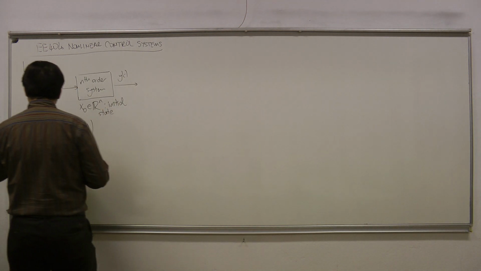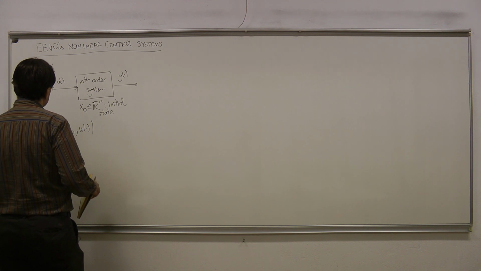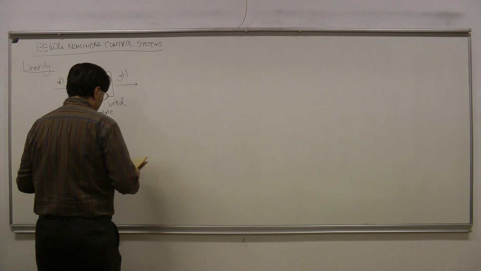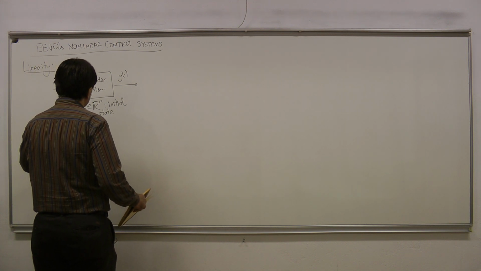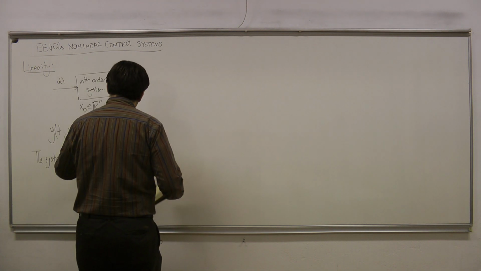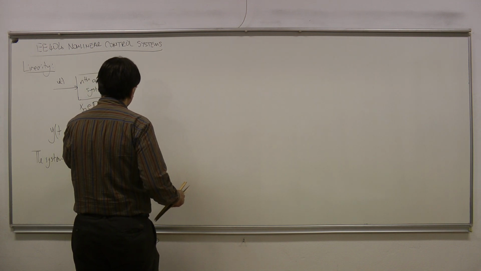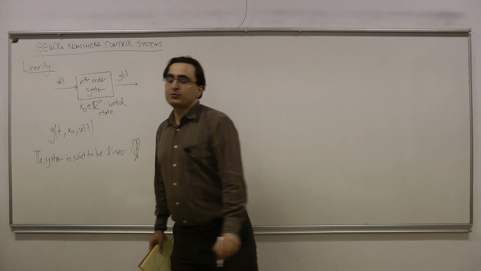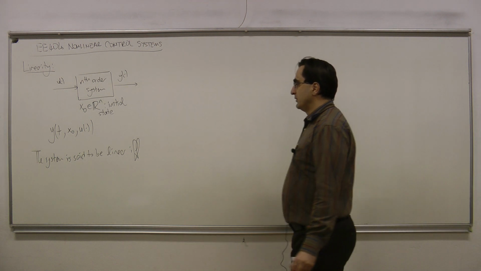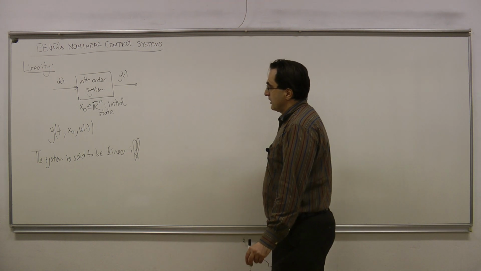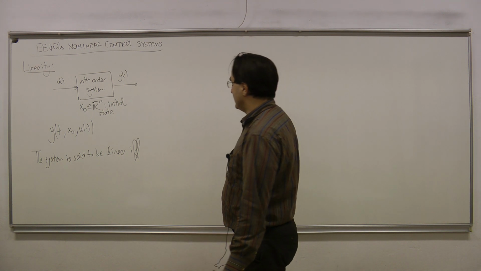So let us write this. The system, whatever the name of the system is, is said to be linear if and only if. I will show if and only if with the letters IFF. You won't believe me, but that is my F. Okay, double F here.